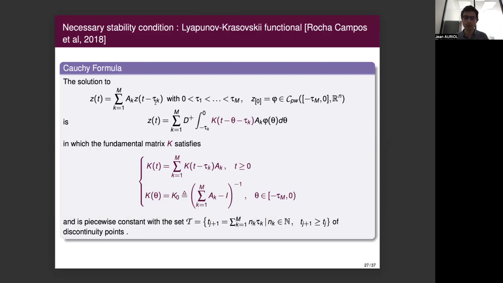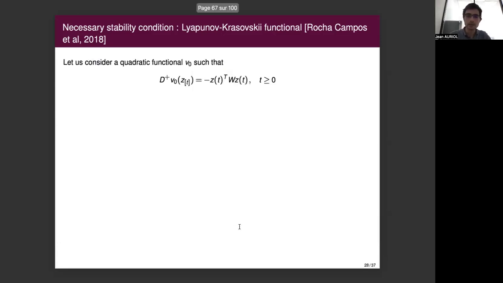From now on, I will just focus on the difference equation because with our controller we can kill the integral part. And so you can express the solution of the difference equation using the fundamental matrix, which is a kind of copy of the dynamics. The matrix K is piecewise constant with a set of discontinuity points.